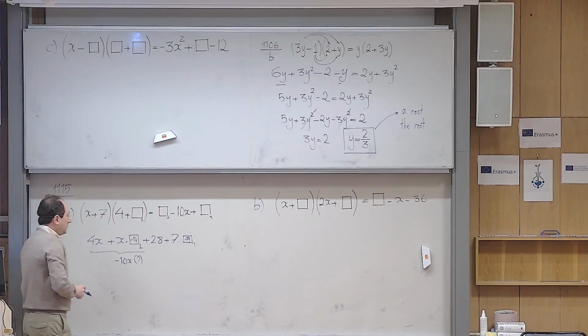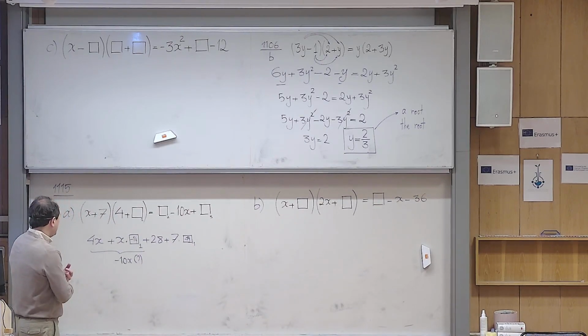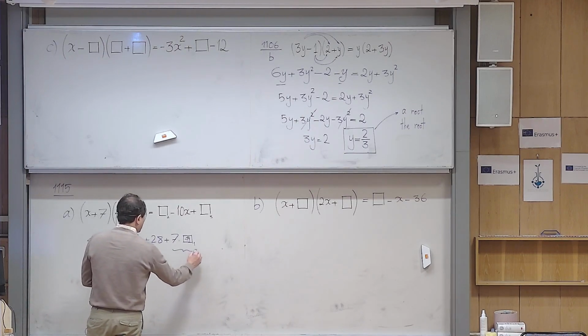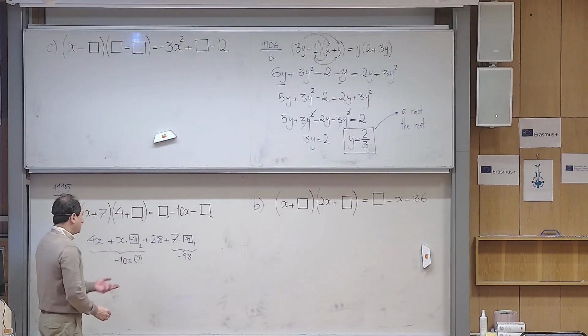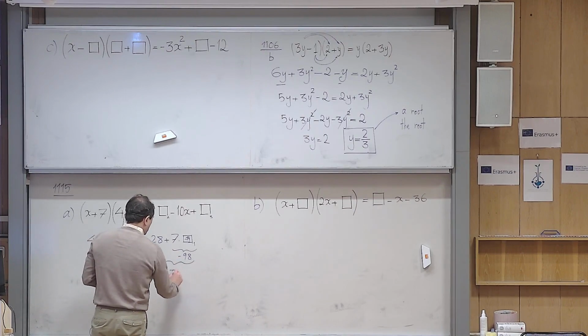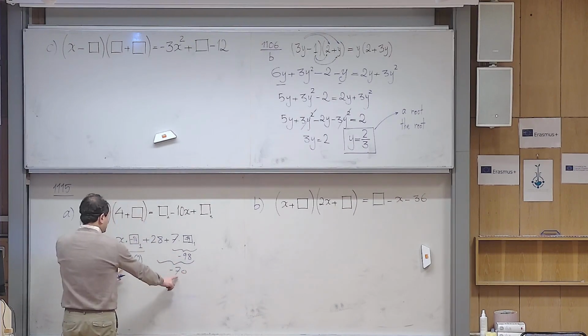Okay, now I will be a little bit in trouble or no? So this doesn't work, does it? No. Because what happens, this becomes how much? Minus 98. Then I have minus 98 plus 28, which becomes minus 70. So I have 2 terms. Minus 10x, minus 70.